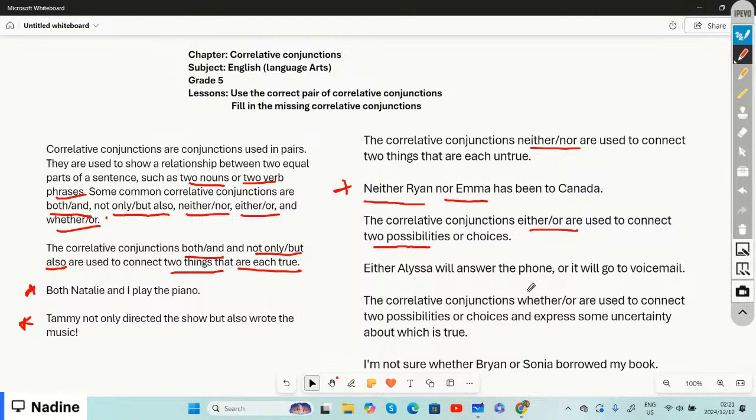And then we have the correlative conjunction whether or, and that is used to connect two possibilities or choices and express some uncertainty about which is true.